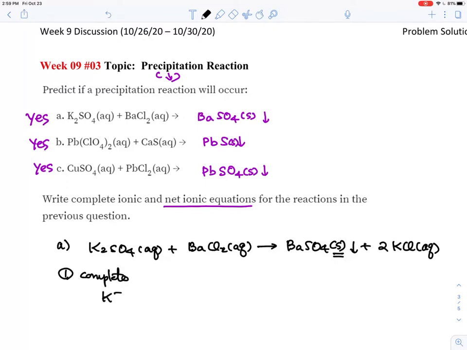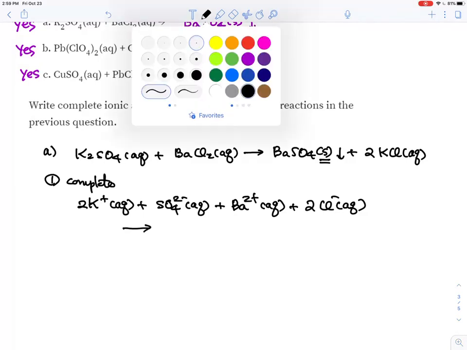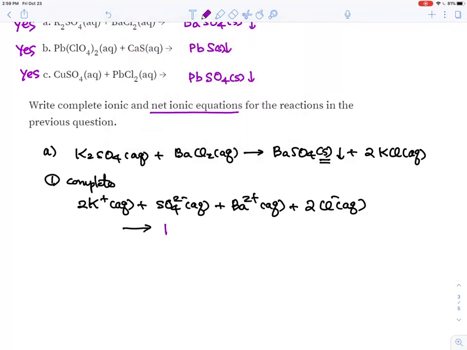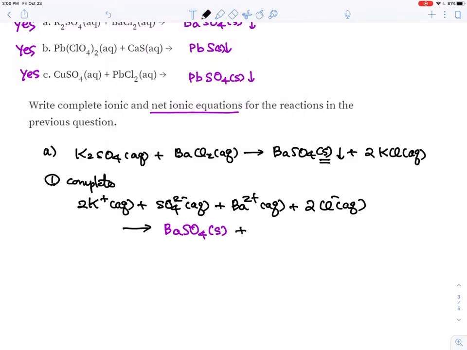It's potassium plus, there are 2 of them, SO4 2 minus aqueous, barium 2 plus aqueous, 2 times chlorine minus aqueous, and then they are forming the most noticeable product, BaSO4 solid as a precipitate, and then the other things, 2 potassium plus, 2 chlorine minus aqueous.